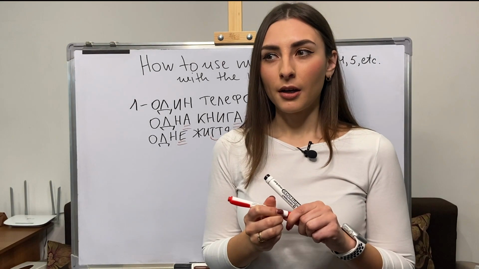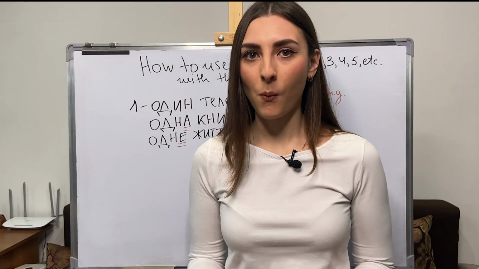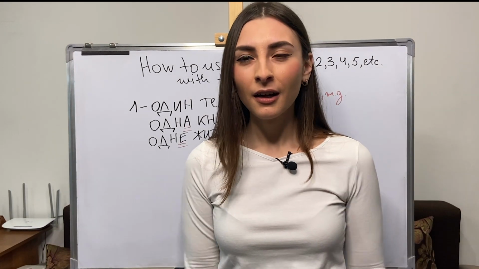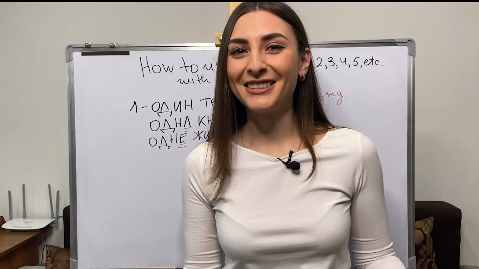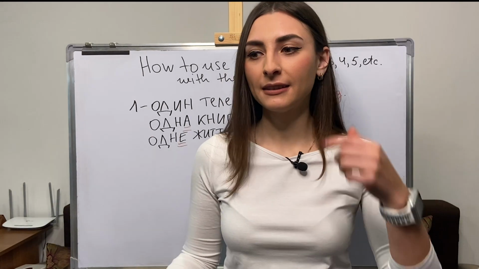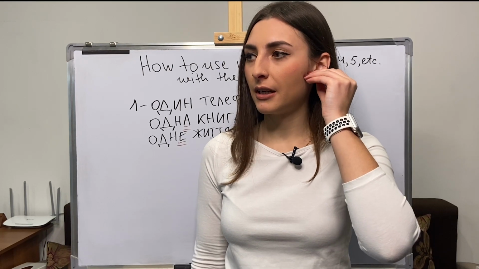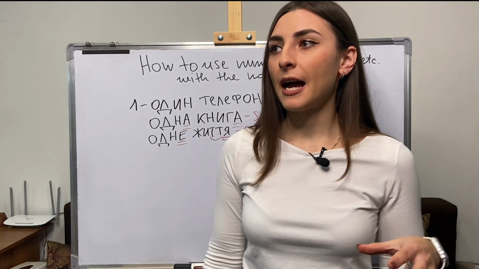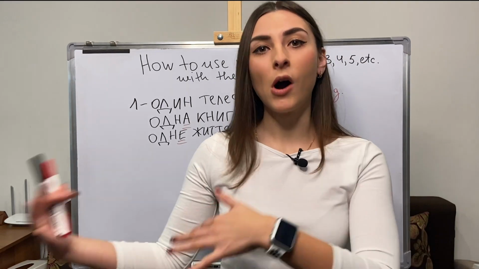And yes, guys, we have a plural form of the number 1. Yes, that's true. In English, you also have this form, like "ones". For example, usually you say like this: I have black dresses and red ones.